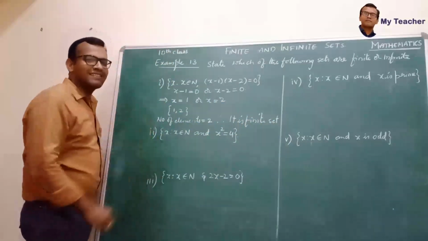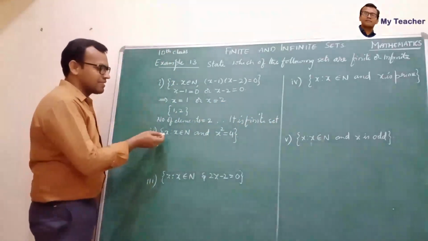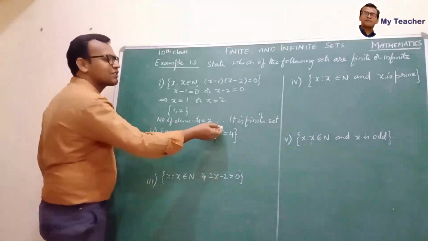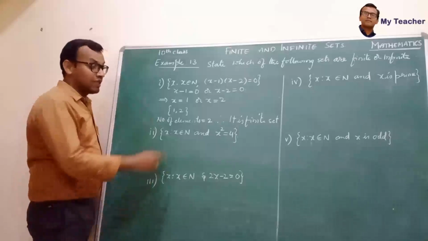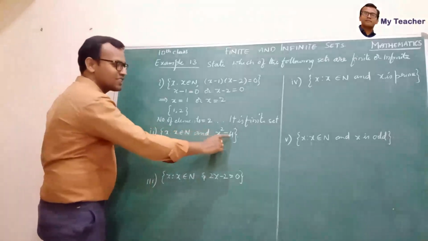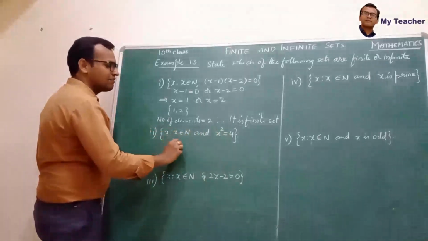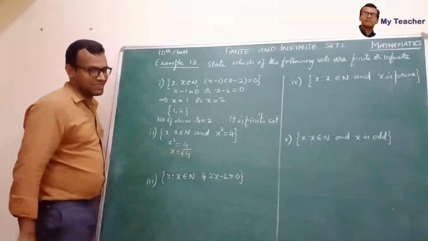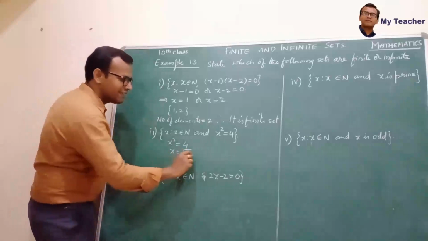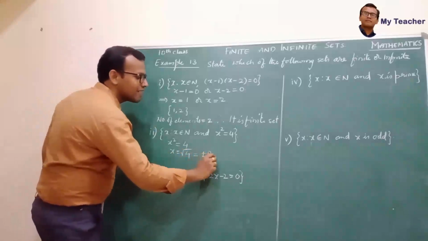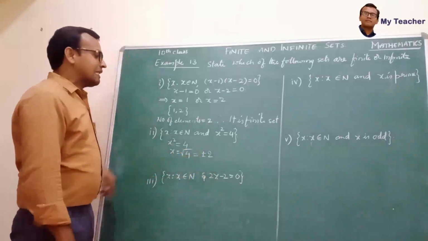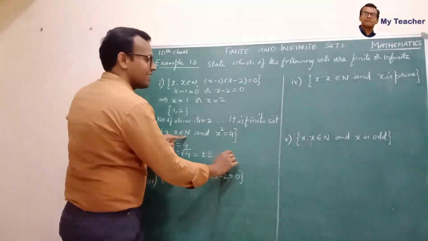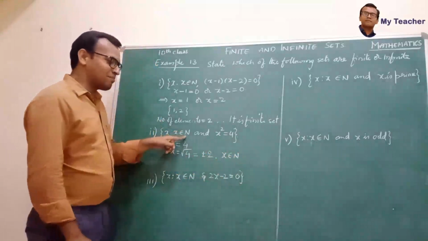Now let's see the second one. The set of x such that x belongs to N and x squared is equal to 4. x is a natural number, and the condition is x squared equals 4. If x squared is equal to 4, x becomes root 4, which is plus or minus 2. Here x belongs to N, meaning x is a natural number.